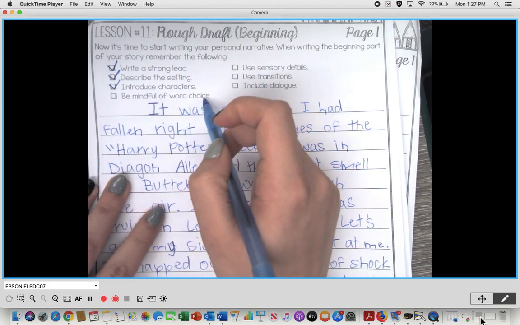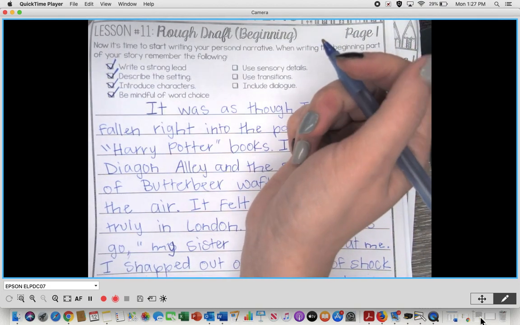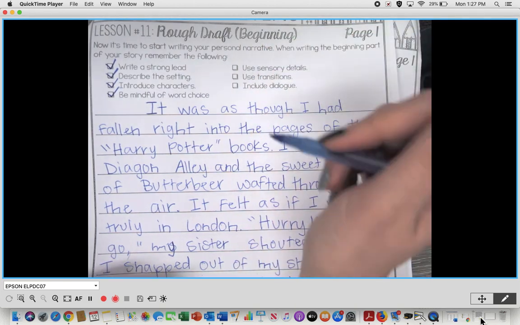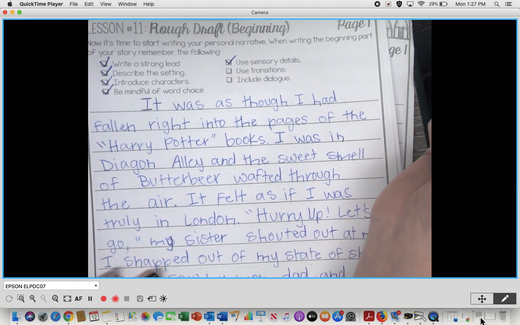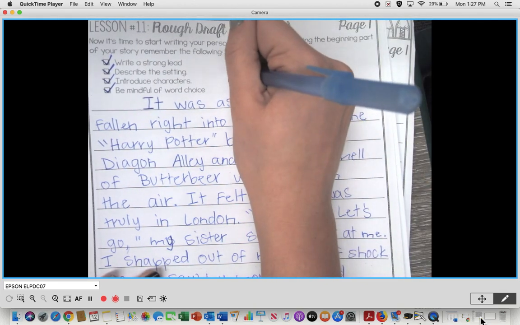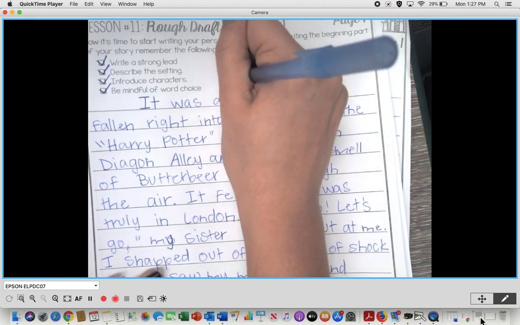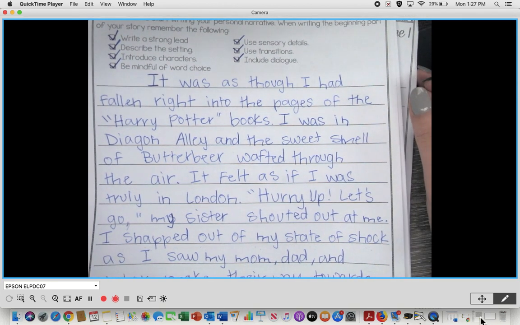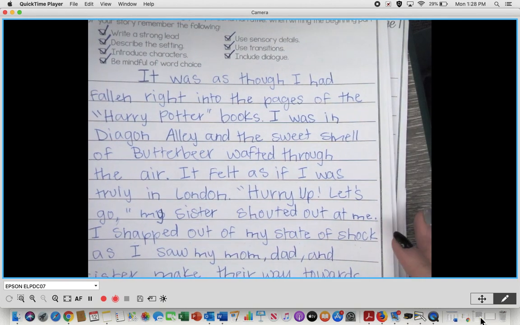Be mindful of word choice. So again, I'm making sure that I'm using descriptive verbs and adjectives. I'm not using boring words. I'm not saying said a bunch of times. I'm changing it up. Use sensory details. So again, I talked about the smell, some of the things that I was seeing. Use transitions. I used next thing I knew. And then finally, include dialogue. I included several pieces of dialogue just in the beginning of my story, so I'm going to check that off as well.